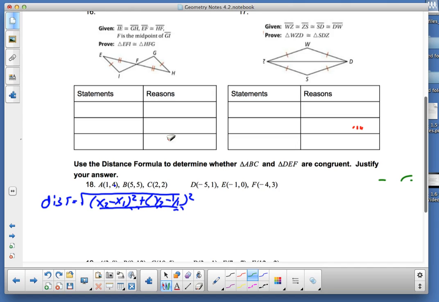If I'm looking at segment IG, IF is congruent to GF, because of the definition of midpoint. That's information that we know from chapter 1.